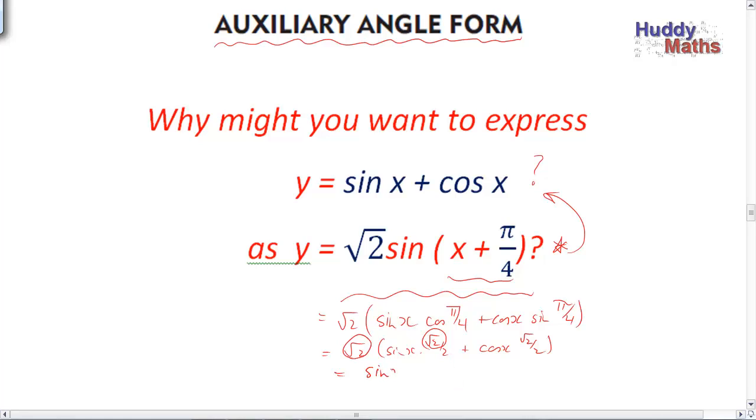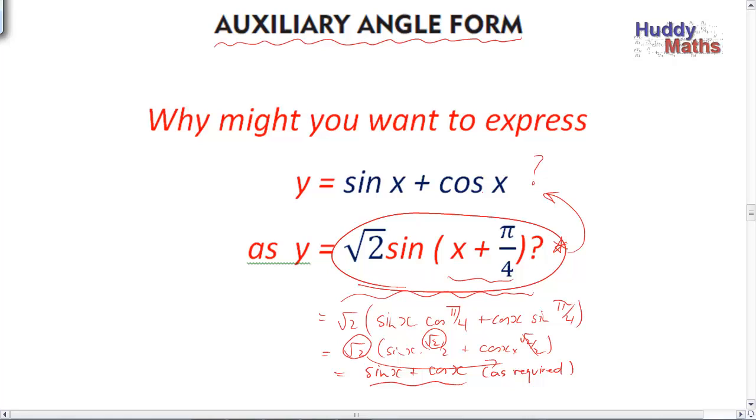That's 1 sine x. Plus, multiplying this through here, root 2 times root 2 is 2 over 2, again it's 1. So it's just 1 cos x, and it's as required. We have shown that this thing is the same as sine x plus cos x.